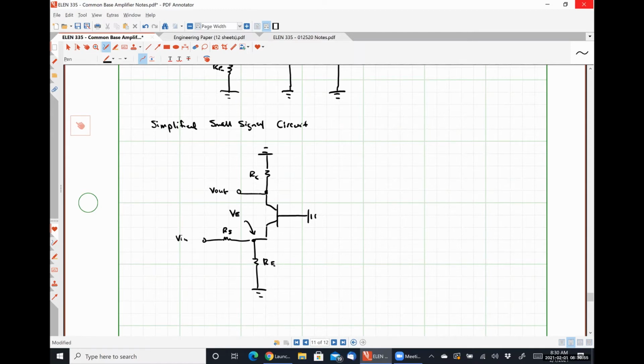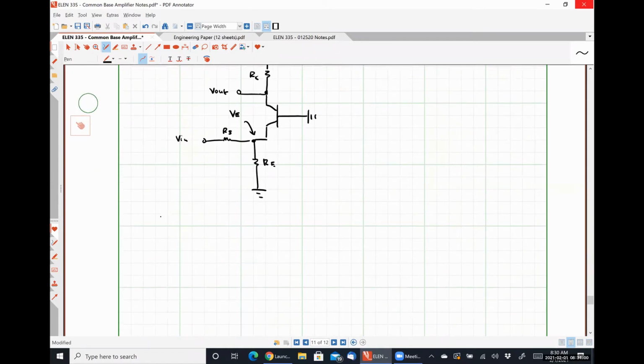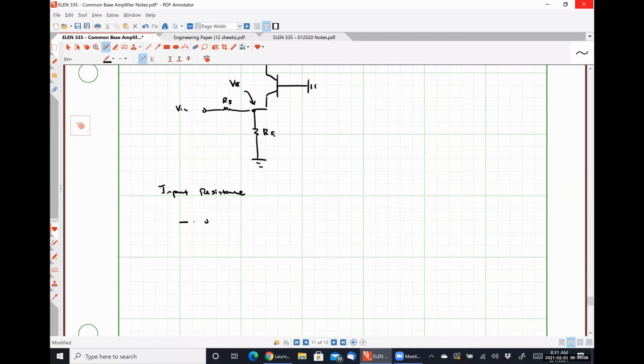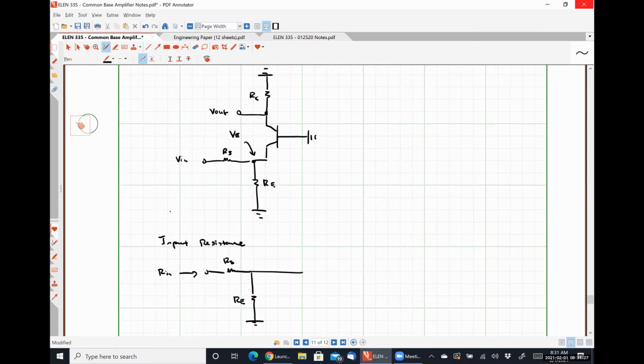But from an input resistance perspective, what we see is here's our resistor RS, here's our resistor RE, and then we're going to see between that node E and ground the input resistance of our common base core amplifier.